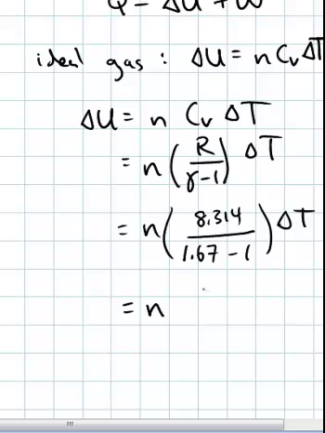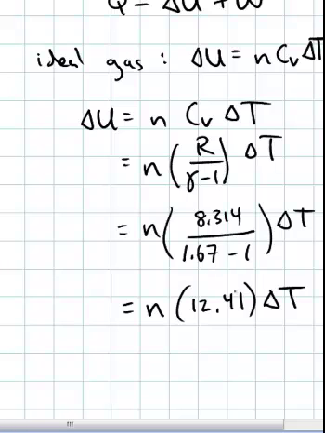And so I'm left with N times 12.41 times delta T. So this is going to be a really handy way to calculate delta U when I don't have other information.